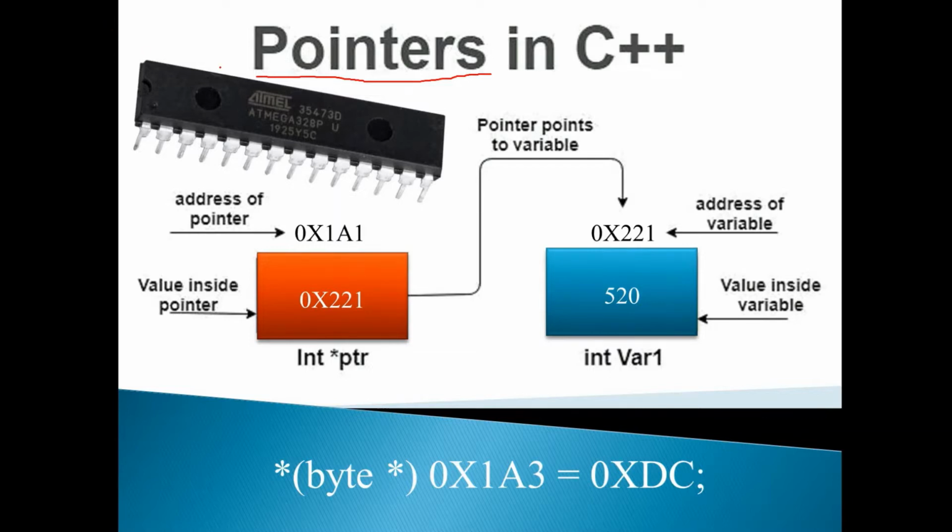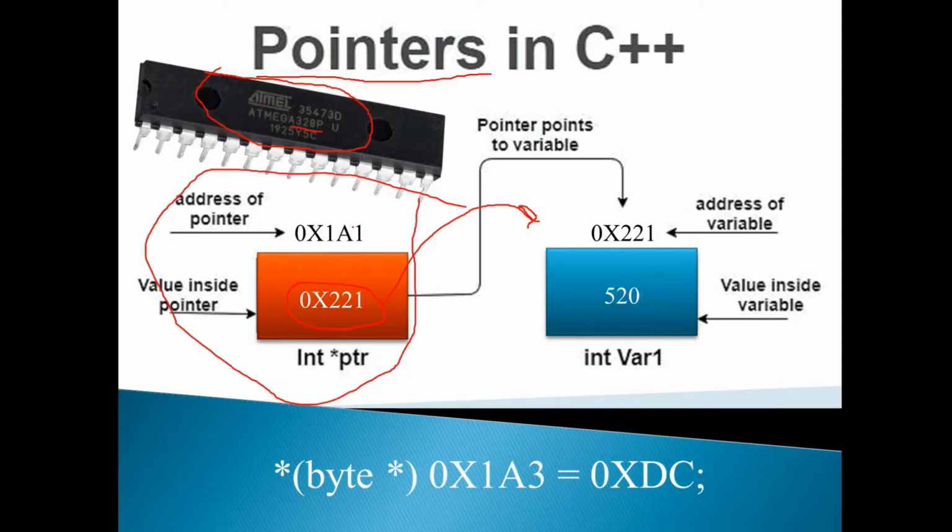I will be focusing on Arduino Uno, that is based on this MCU, ATMEGA 328P. Okay, so this is a general chart representing the pointers: the pointer has an address and there's a value held inside the pointer, and the pointer is just pointing to the address of another memory cell, if we can consider this as a memory cell.